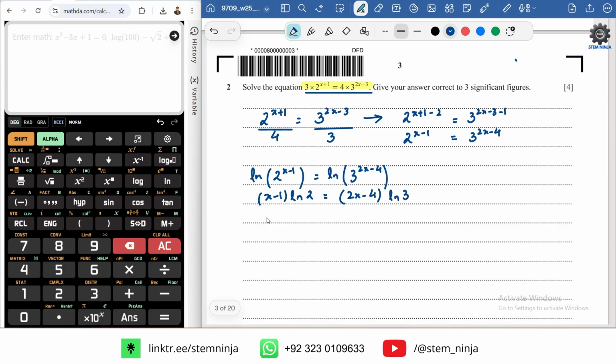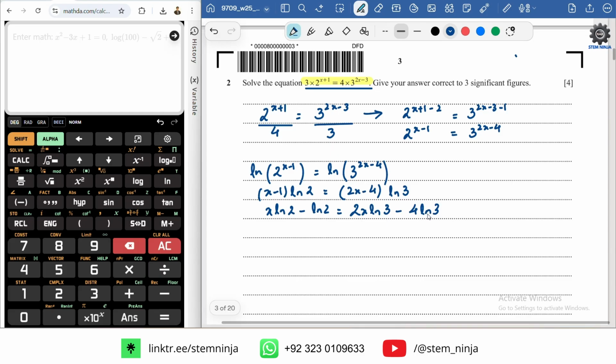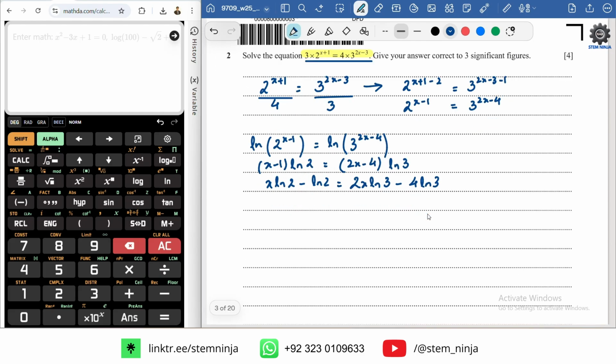Multiply the ln 2 inside, so x ln 2 minus ln 2 equals 2x ln 3 minus 4 ln 3. We bring all the x terms to one side. So this would be 2x ln 3 minus x ln 2 equals 4 ln 3 minus ln 2.